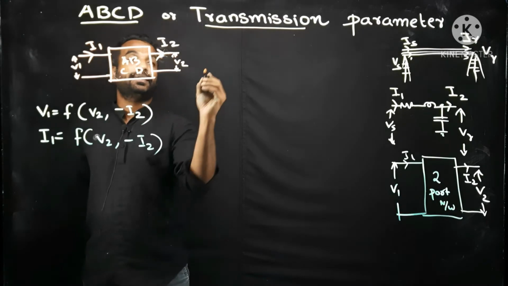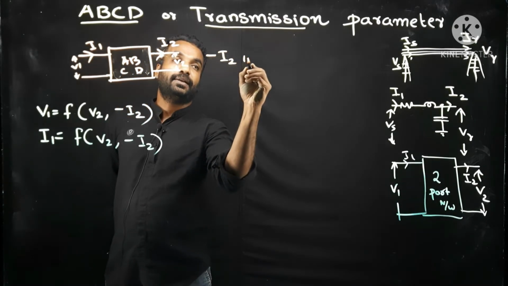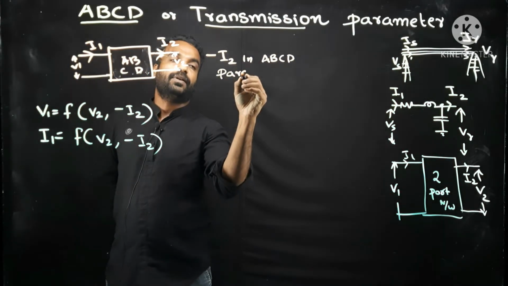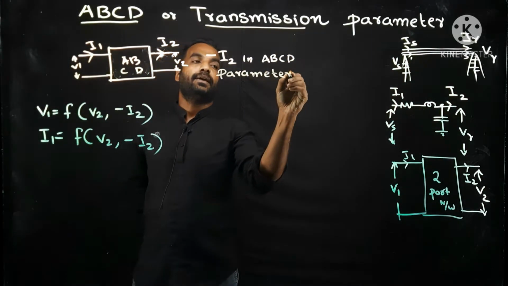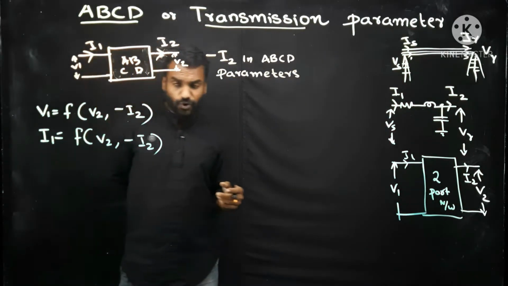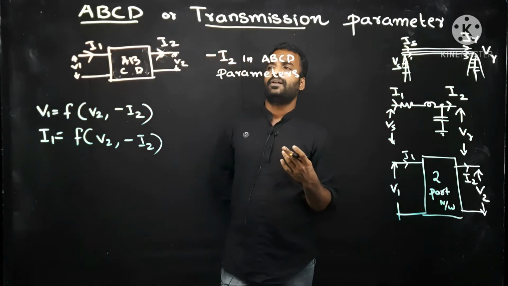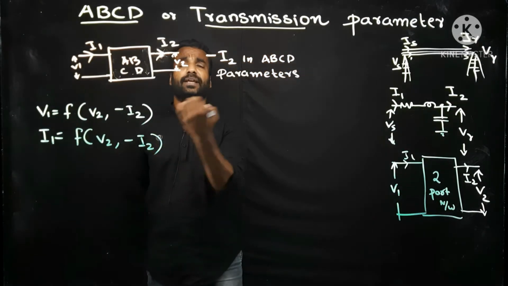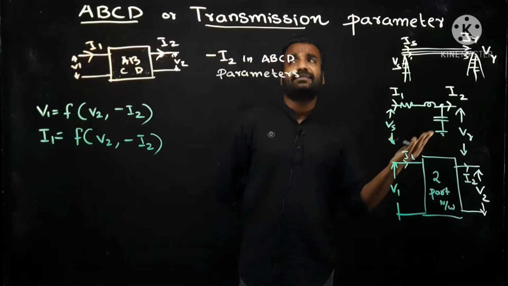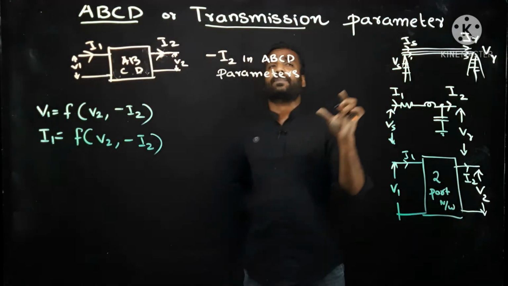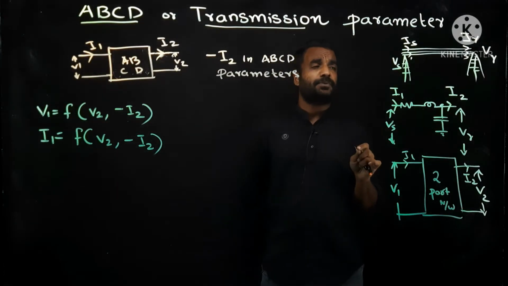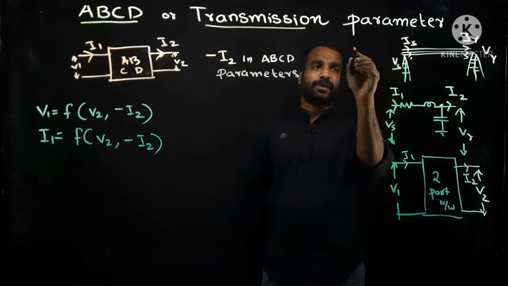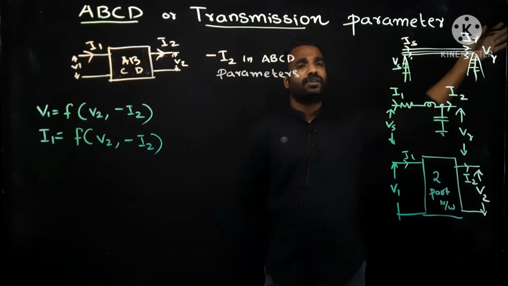So we have to take minus I2 in ABCD parameters. For all the other two-port networks, you take I2 towards inside. Only in ABCD parameters do you take I2 outside. Why? Because this ABCD model is always used to represent transmission parameters, where the current is always flowing one way. It comes from some Idukki generating station and may be going towards Calicut.